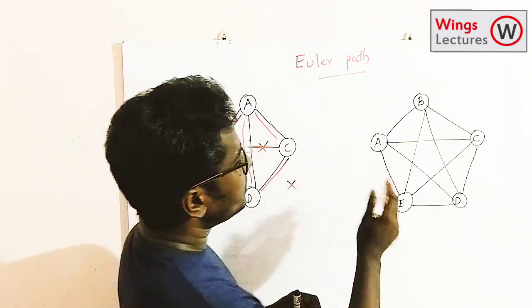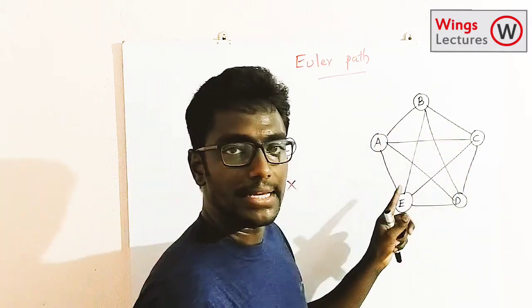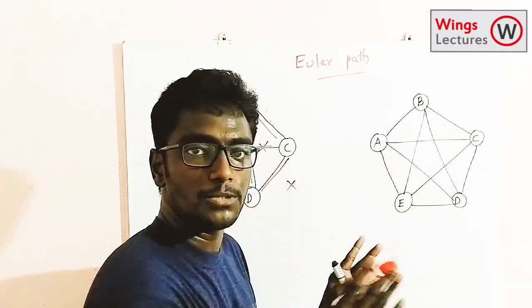Now for this graph, just trying to find out whether it has an Euler's path or not.